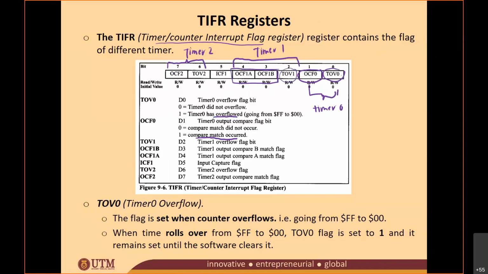The TOV0, which is the timer 0 overflow flag, is set whenever the counter overflows, i.e., going from FF to 00. Whenever the overflow occurs, TOV0 will be set.